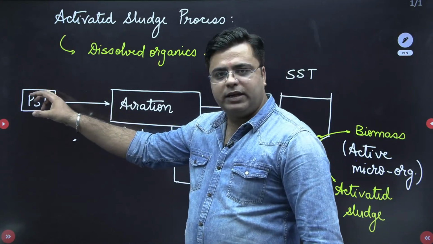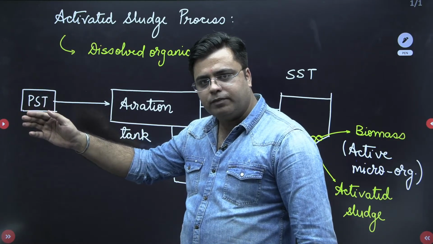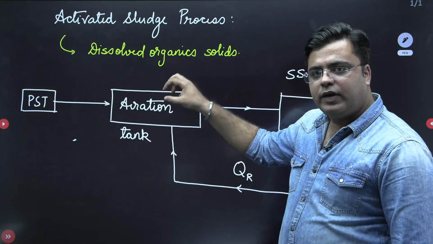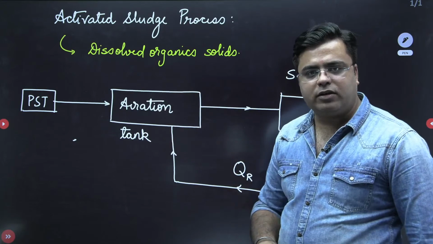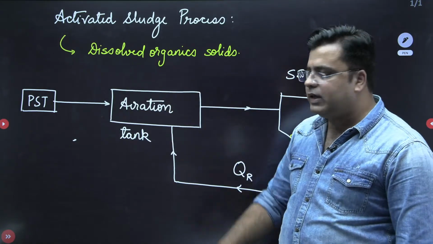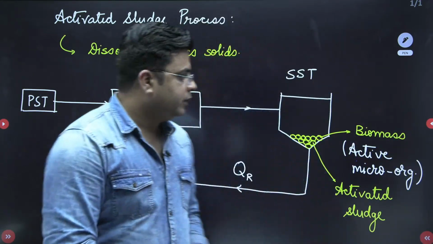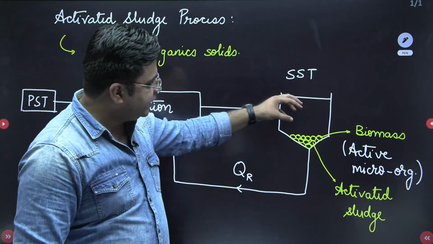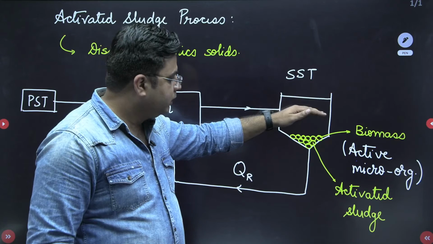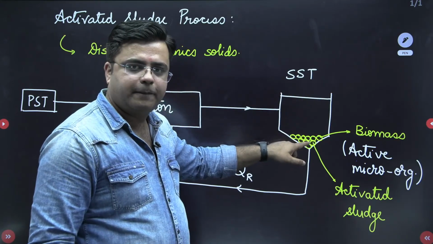Wastewater from the primary sedimentation tank, where all the suspended organic matter is removed, is taken into the aeration tank where it is brought in contact with the microorganisms. Inside the aeration tank, microorganisms carry out the decomposition of the organic matter to form biomass. This biomass is taken to the secondary sedimentation tank along with the wastewater, and it settles there.